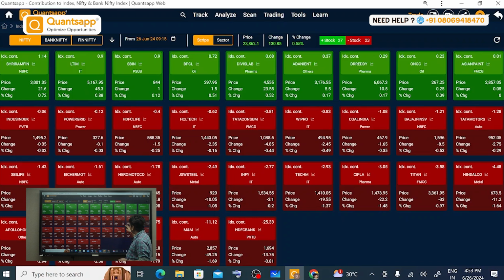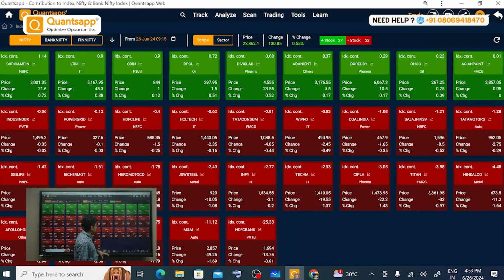Except for a few stocks, the change is around 0.4, 0.5, 0.3. They closed in negative, so you can see the negativity is very low.